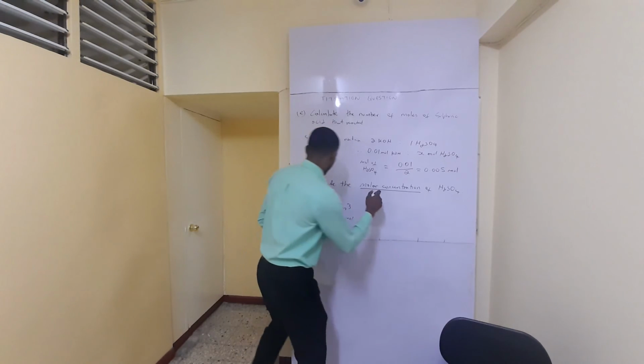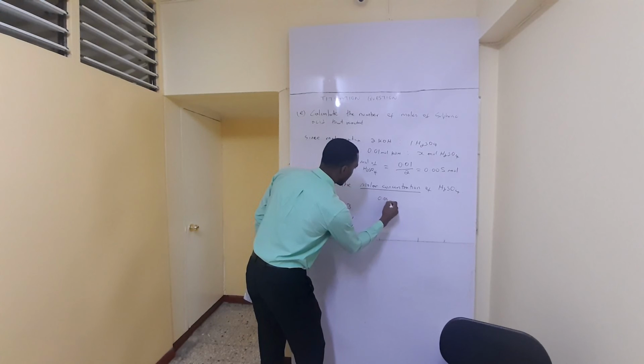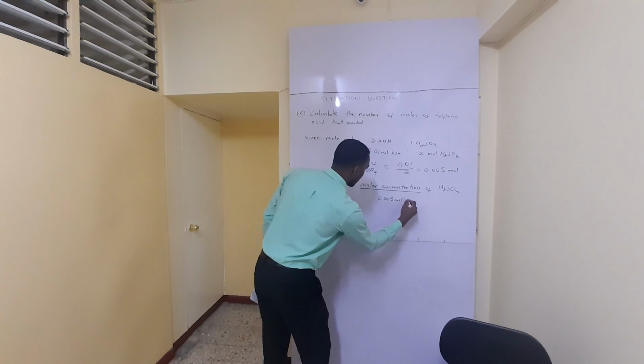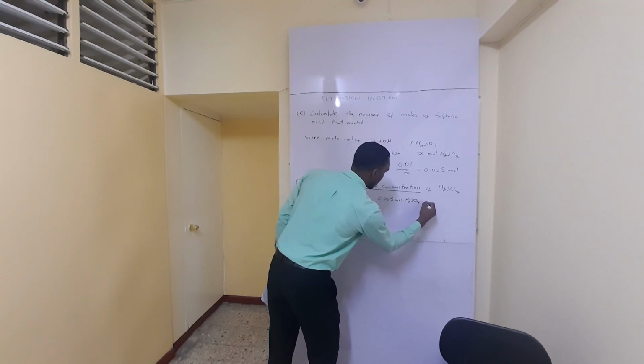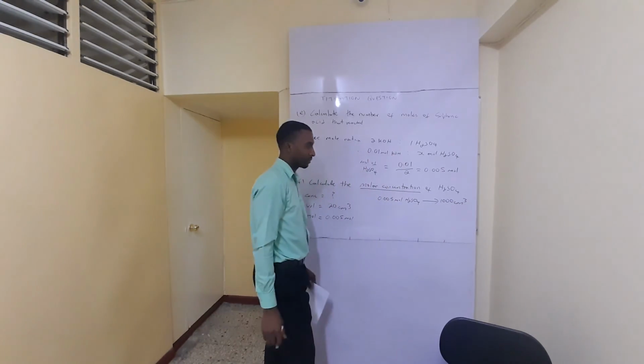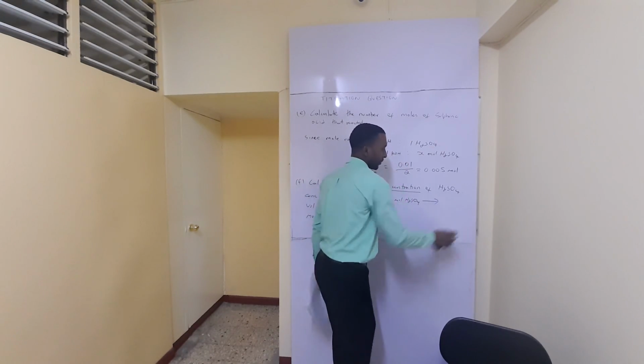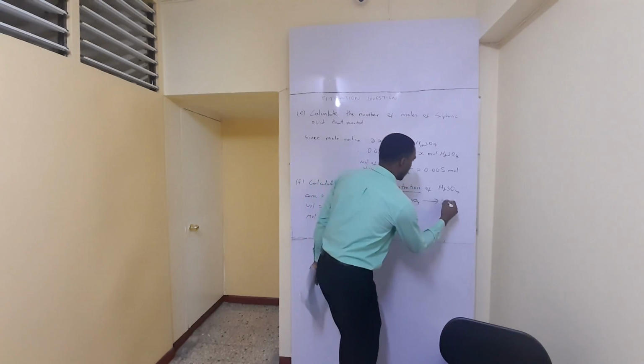Right. So what we can say here is that 0.005 moles of H2SO4 is in 1000 cm3 of solution. No, sorry, it's in 20. Remember? It's in 20.